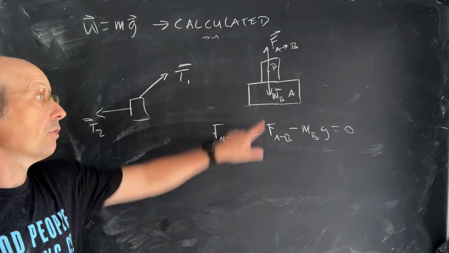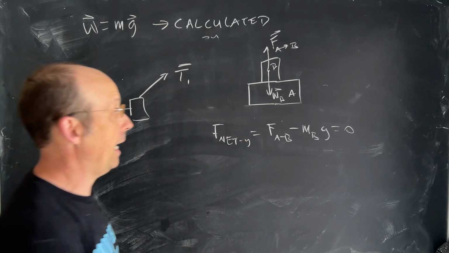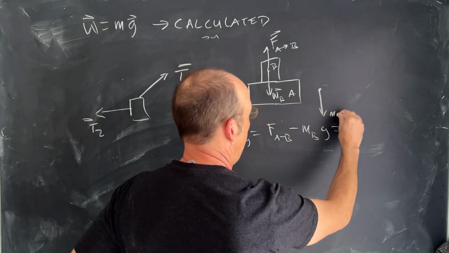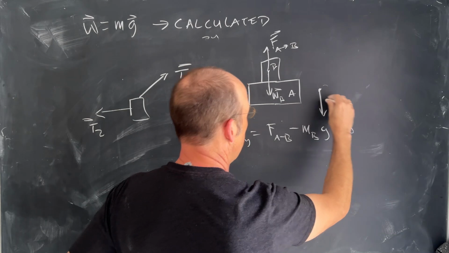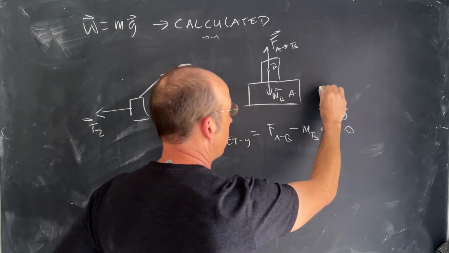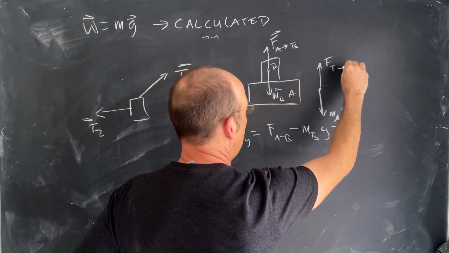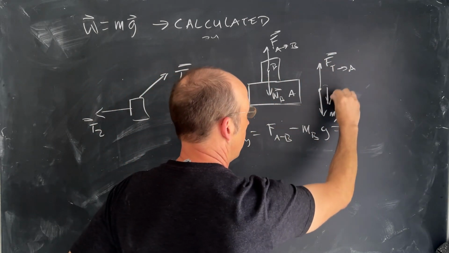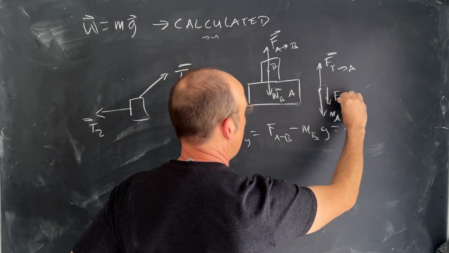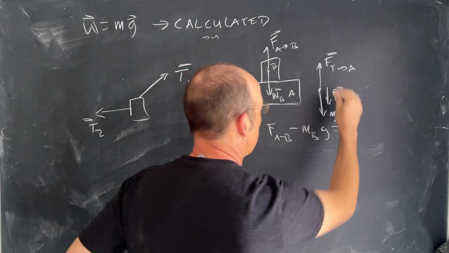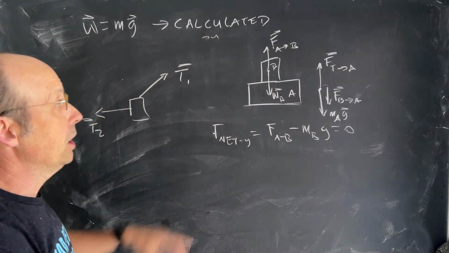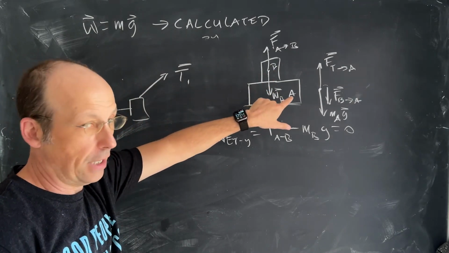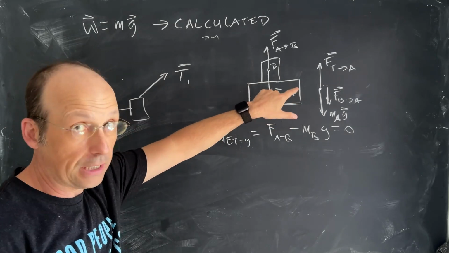Now, if I draw the force diagram for block A, I'll do it to the side here. It's going to have the weight MAG. It's going to have the table, I'll call that F, table on A, and then it's going to have block B pushing down, FB pushing on A. So the weight of block B does not push on A. A lot of people do it that way because it looks that way, but it's not.